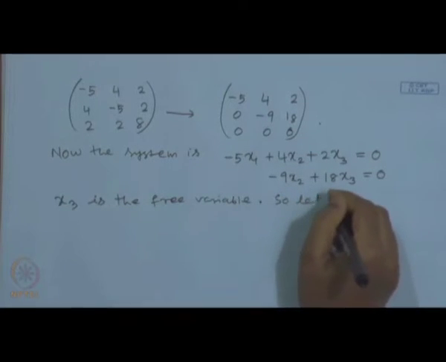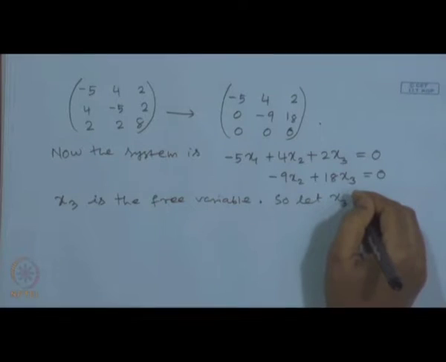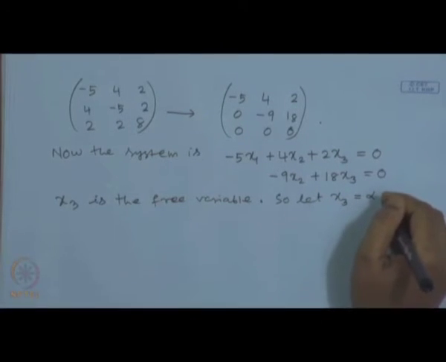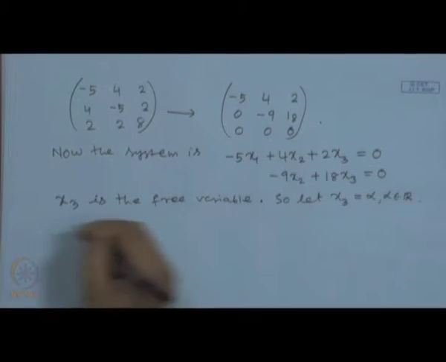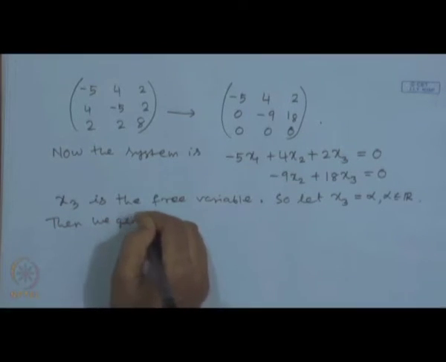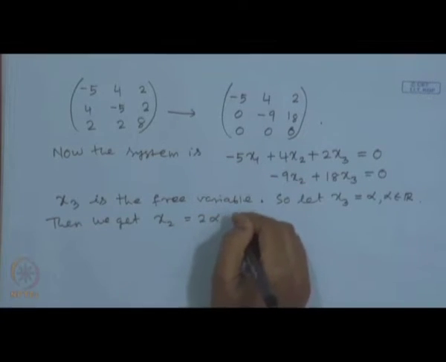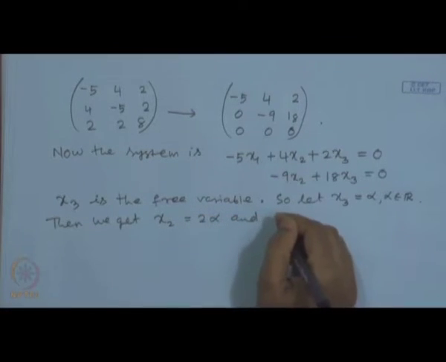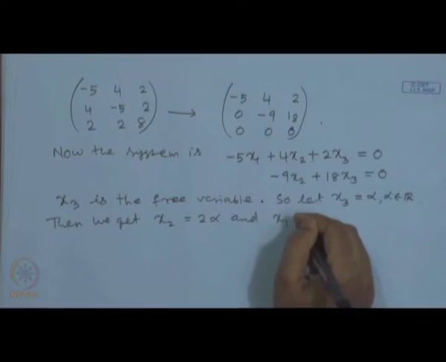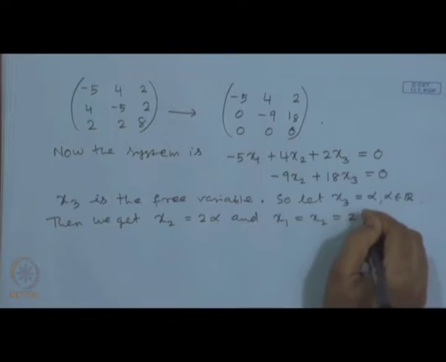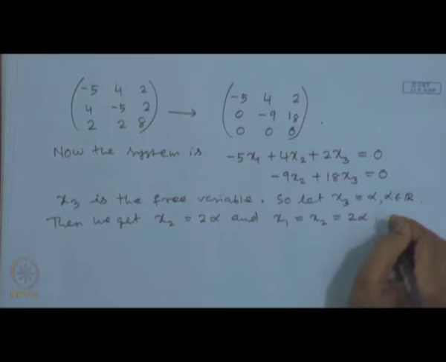So, let x3 = alpha, alpha belongs to R, then we get x2 = 2 alpha, and x1 is also equal to x2, that is, 2 alpha.